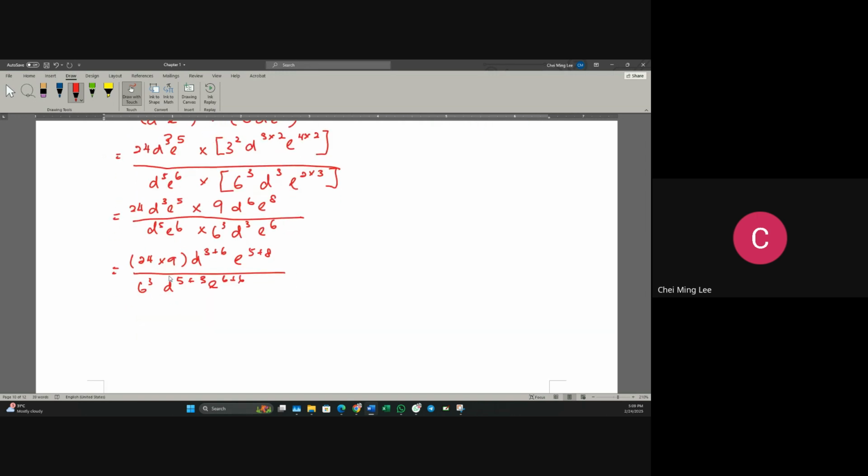So we take out 24 times 9 over 6 to the power of 3. Then for d it is 9 minus 8. E will be 13 minus 12.